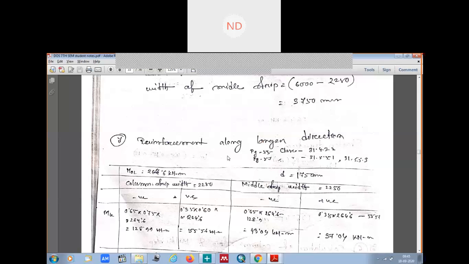Now for the effective depth, we had directly calculated the overall depth, which we have assumed to be 200 mm, right? Now what could be our effective depth? For that you have to assume the diameter of the bars, and the clear cover also you have to assume.